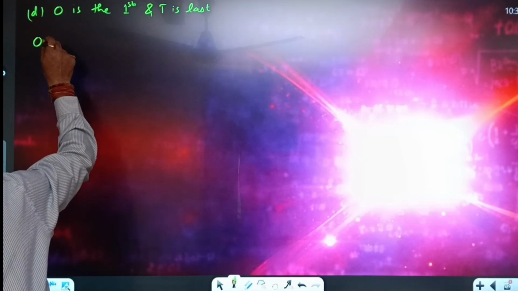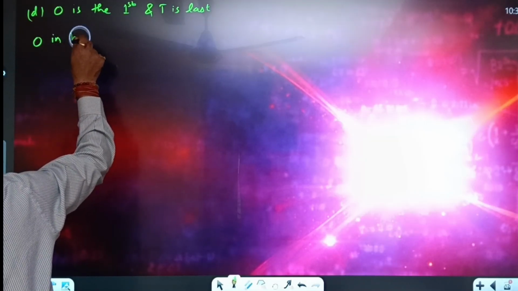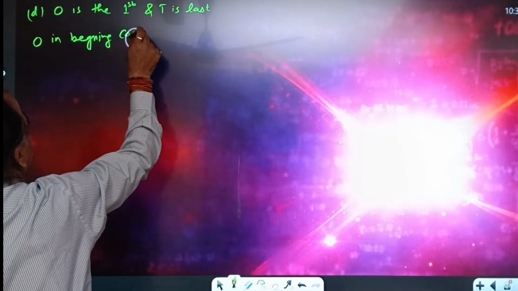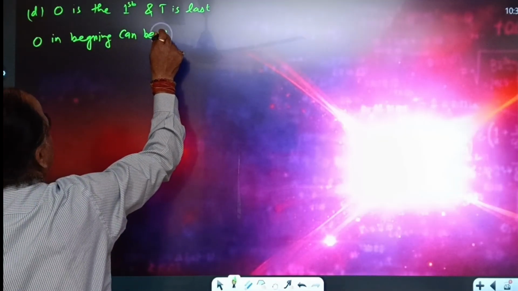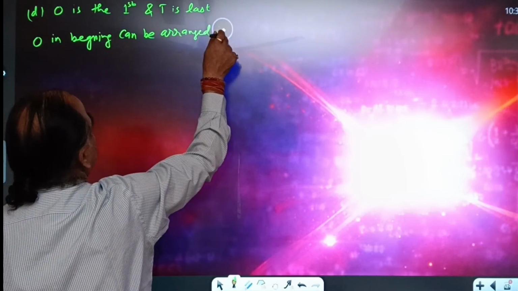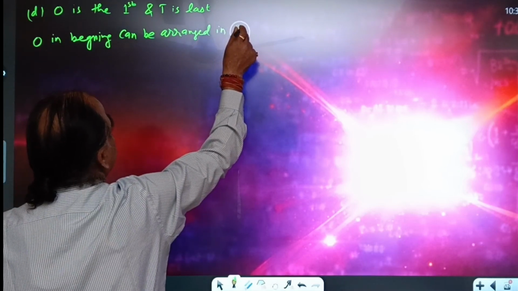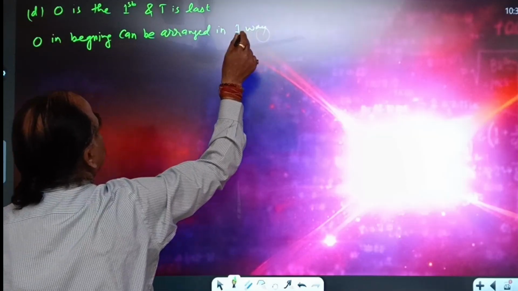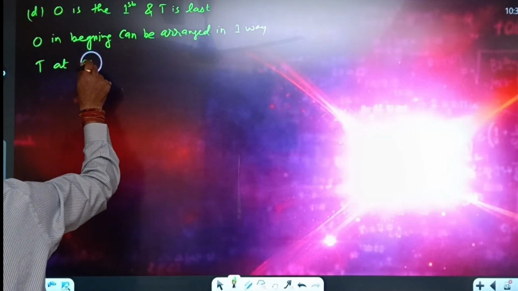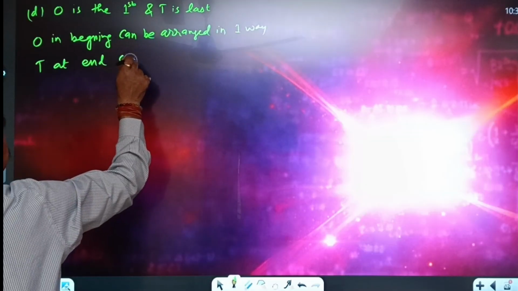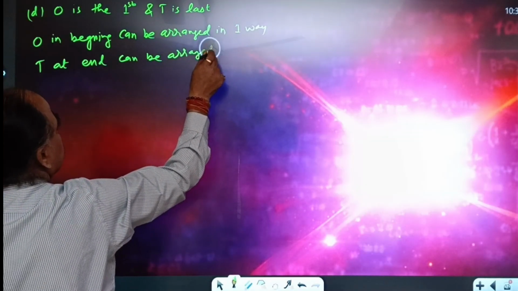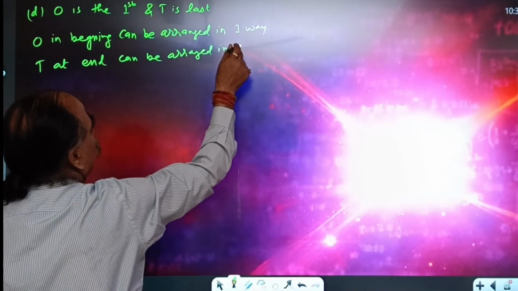A in beginning can be arranged in one way. T at end can be arranged in one way.